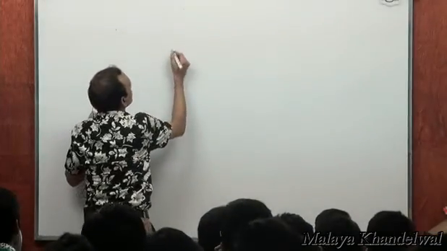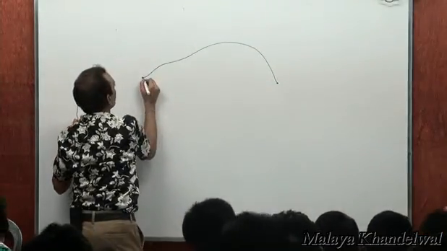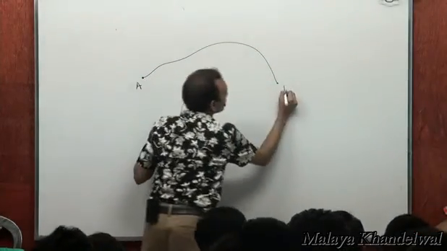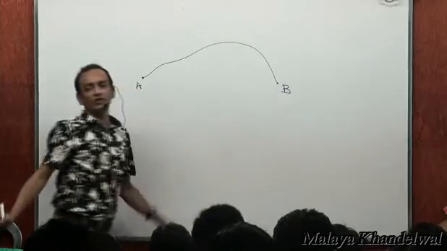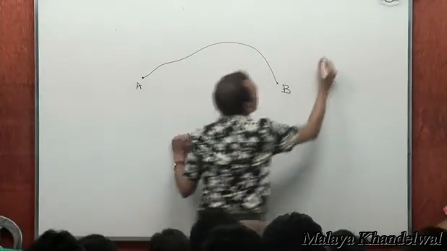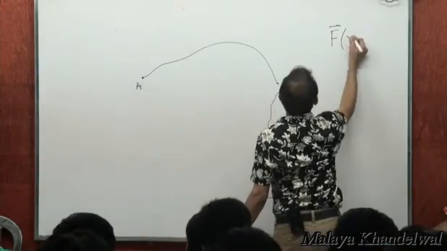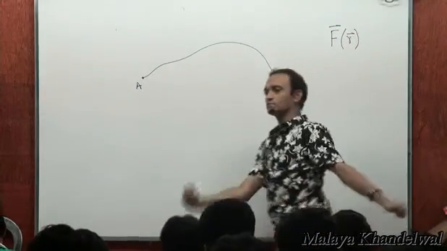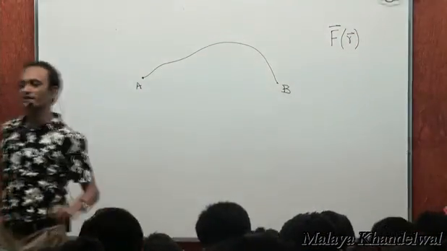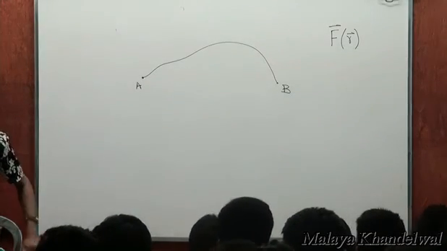So, say in a conservative field, I have 2 points A and B, and the force at any point as a function of the position vector of that point is known to us. The force vector acting on the particle at any r is known to us, say. Clear?